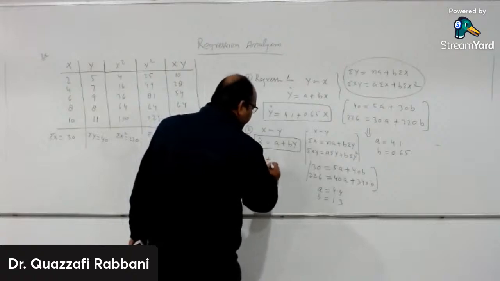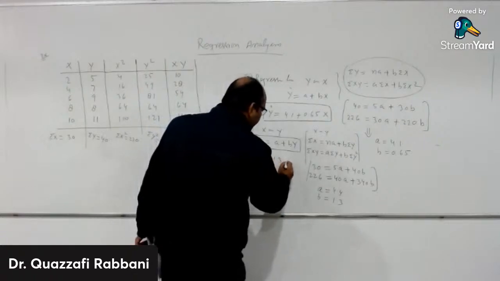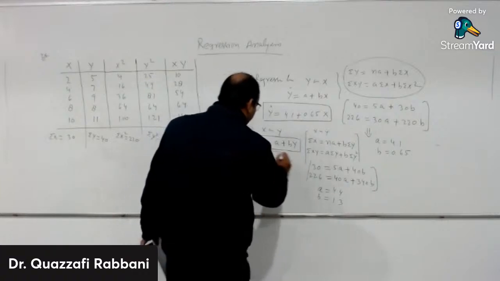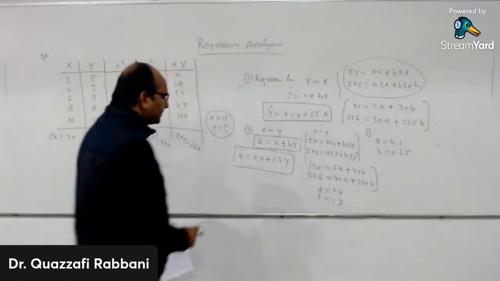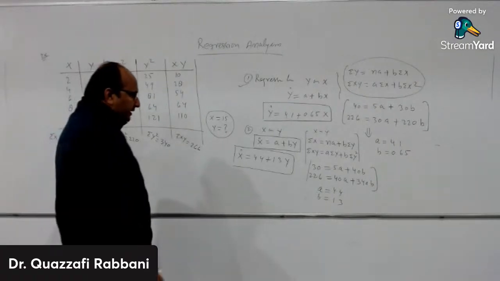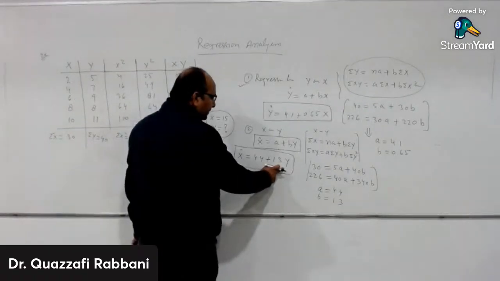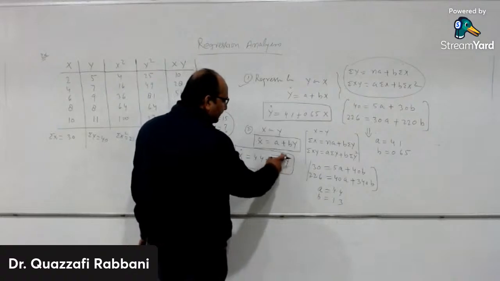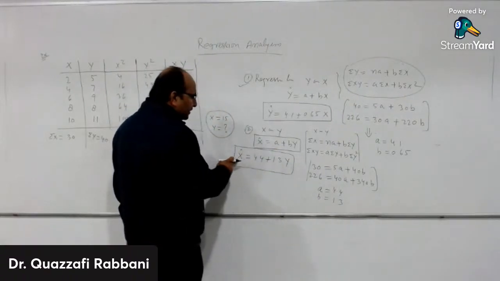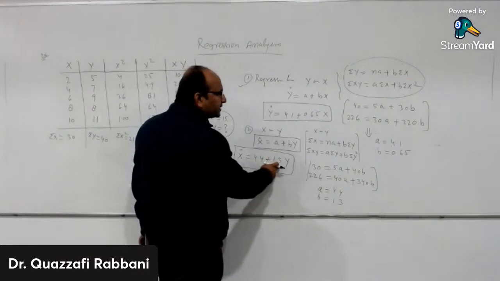4.4 plus 1.3y. It means if in these variables x depends on y and y is the independent variable, then if you change the value of y by one unit, x will change by 1.3 quantity.